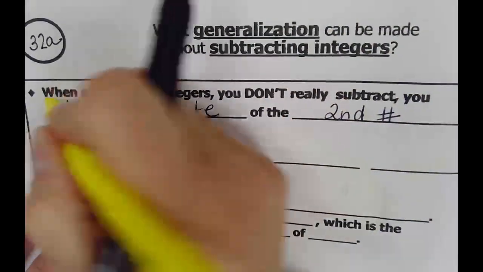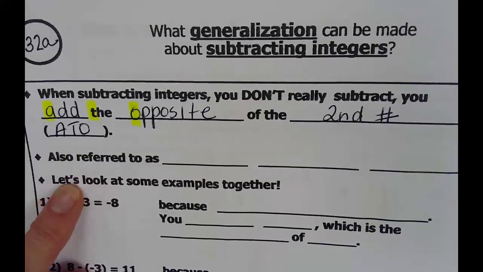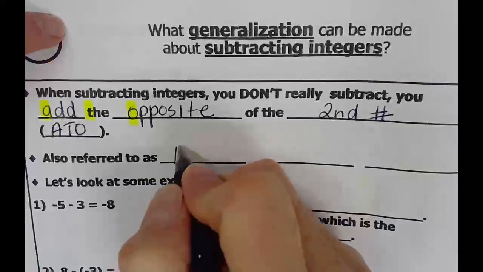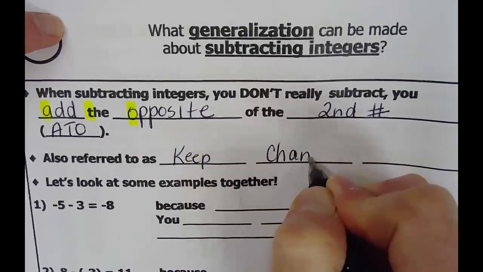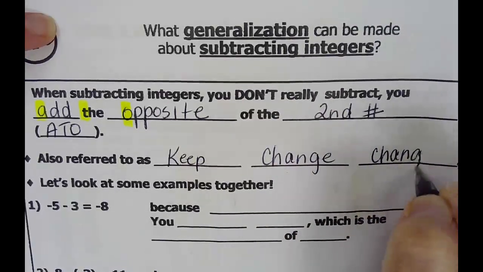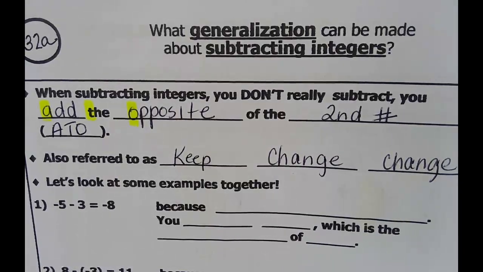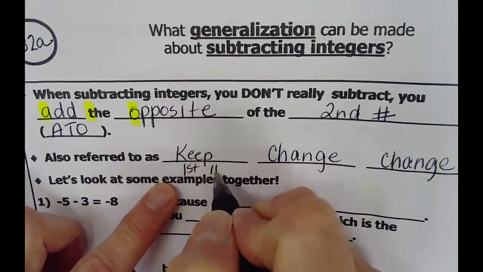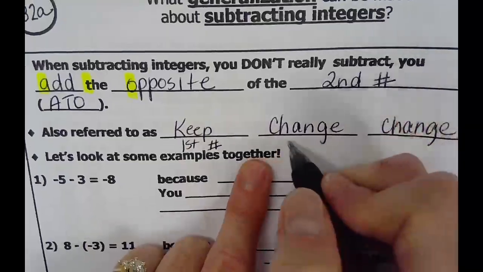Okay, notice it's ATO. Add the opposite. There is also another way to remember this, referring to it as keep, change, change. Now, when I think of flip, that's going to be reciprocal. And this isn't a reciprocal, it's the opposite. So, we keep the first number. Okay. We change subtraction to what?